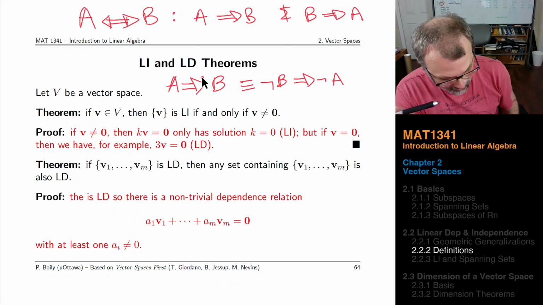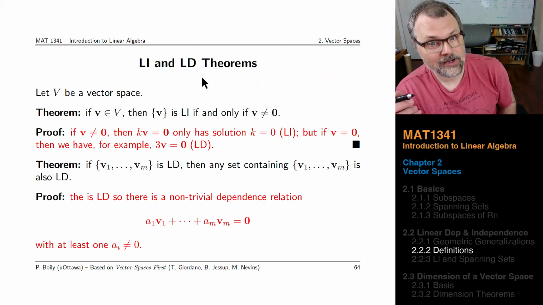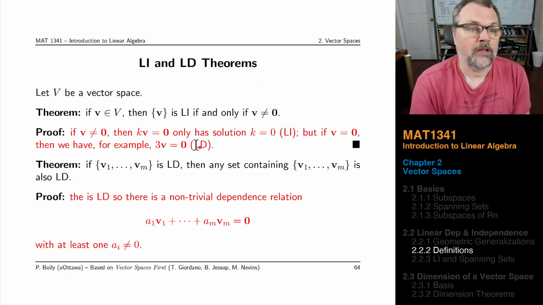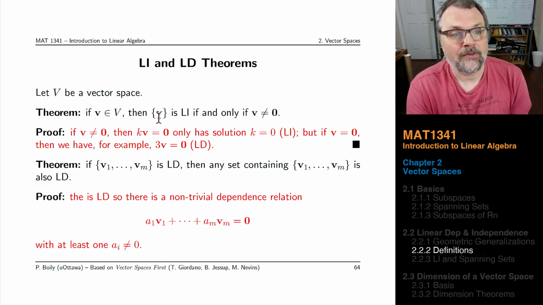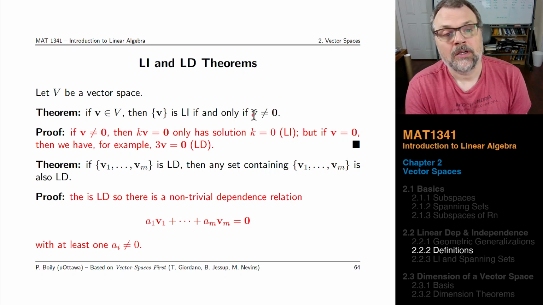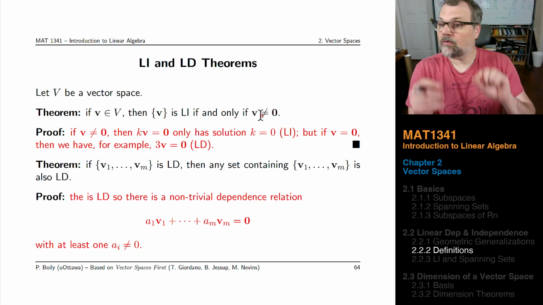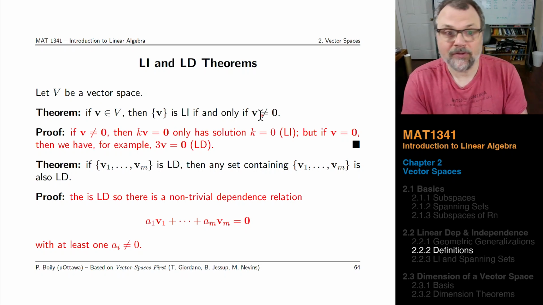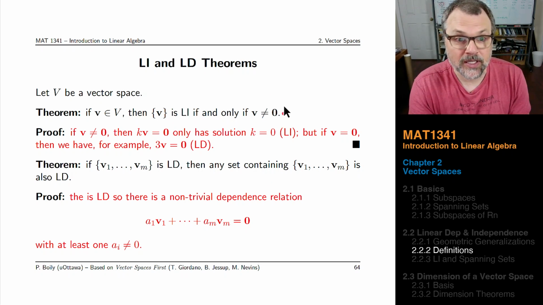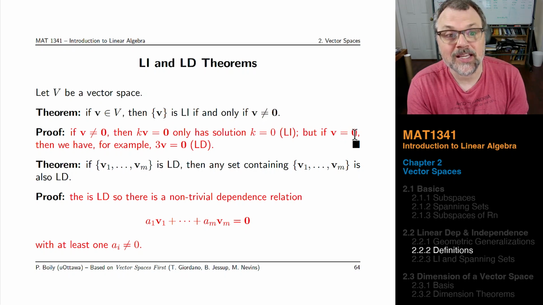So for the second part of the proof of that theorem, instead of proving that if a set with only one vector is linearly independent, it has to be that v is different from 0, we are going to prove the contrapositive. If the conclusion is negated, so if v is equal to 0, then we're going to show that the set {v} is not linearly independent, or in other words, that it is linearly dependent.